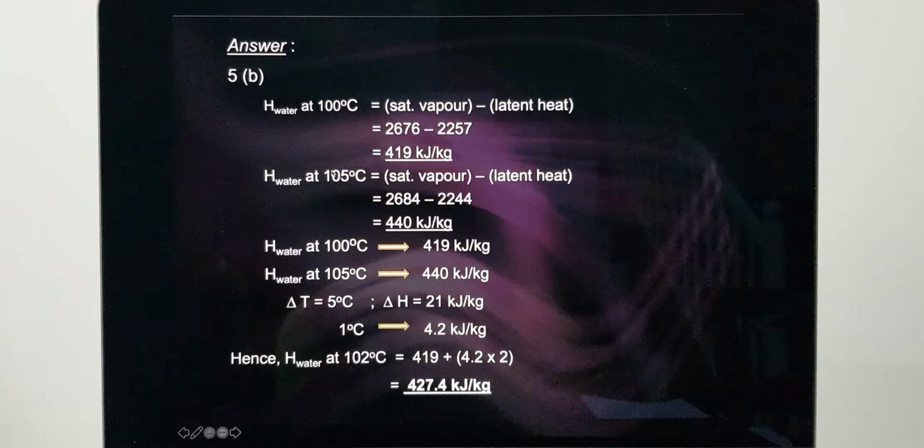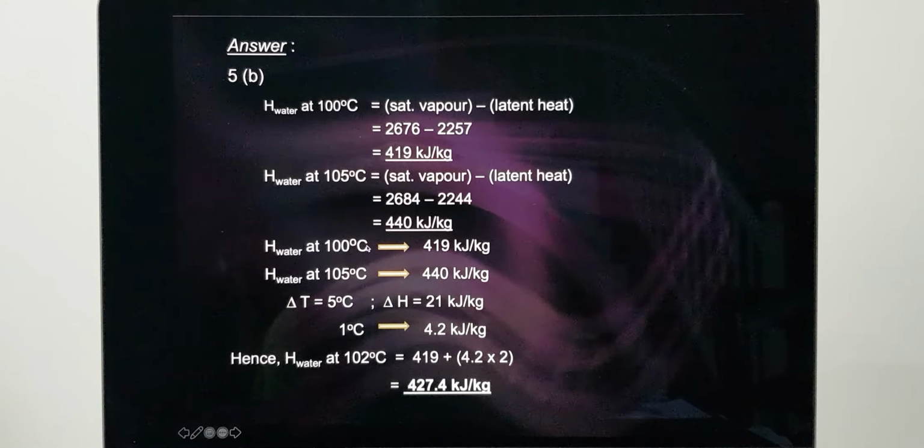Because you need to refer again to the question, where you need to calculate the enthalpy of water at 102 degrees Celsius. So the same equation is used. Saturated vapor Hg at 105 degrees Celsius is 2684 minus 2244, the latent heat of evaporation at 105 degrees Celsius. So you should get the value of 440 kilojoule per kilogram.